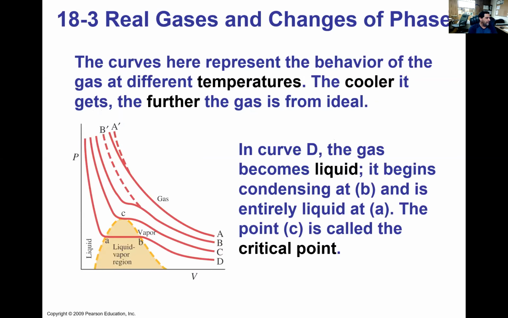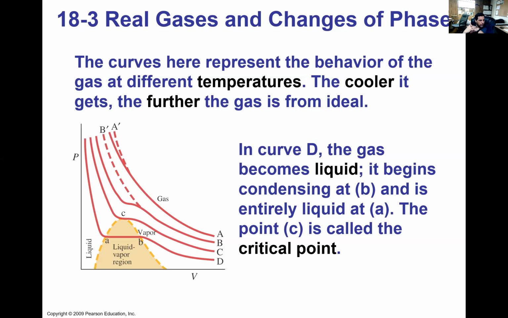So you have these PV diagrams for different types of gases. A PV diagram is pressure and volume: volume is on the x-axis, pressure is on the y-axis. The curves below represent the behavior of the same gas at different temperatures.